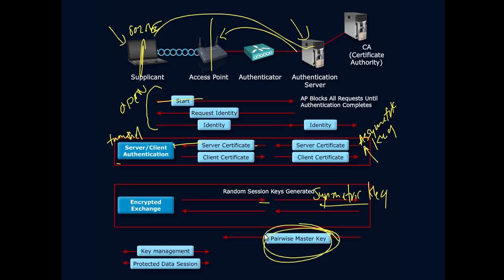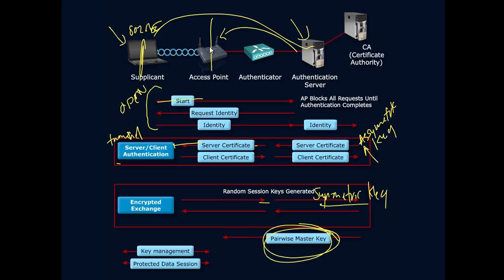And remember, the pairwise key is not only given to the supplicant, but the access point. Once we do that, now the supplicant can use its pairwise key to send encrypted data, and then the access point can use the same key. Remember, this is symmetric now, to decrypt that data. Because it's symmetric, it's much faster and can be done on a packet by packet basis.